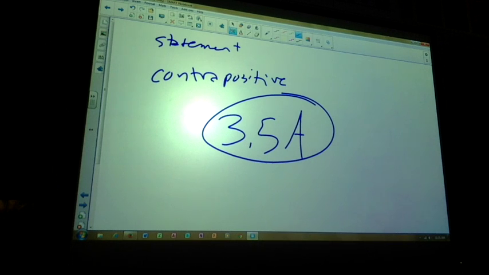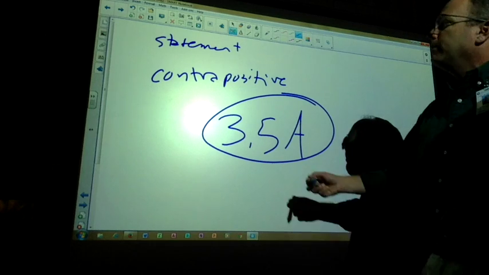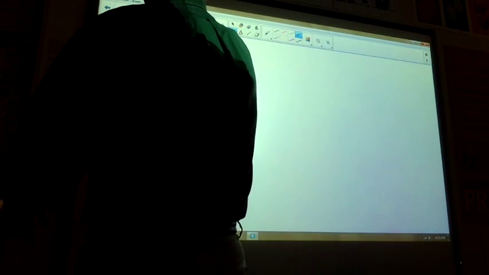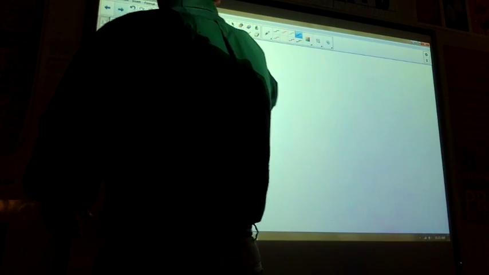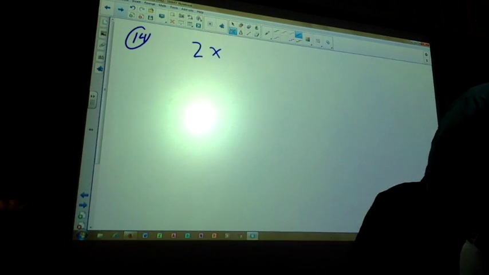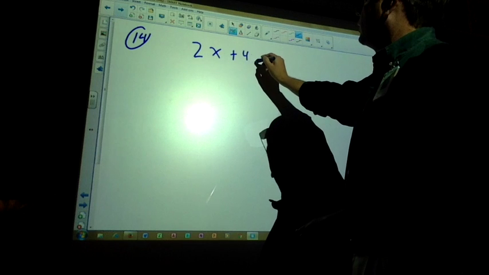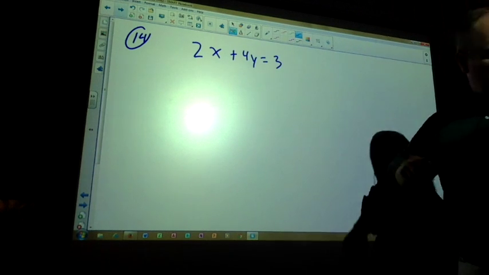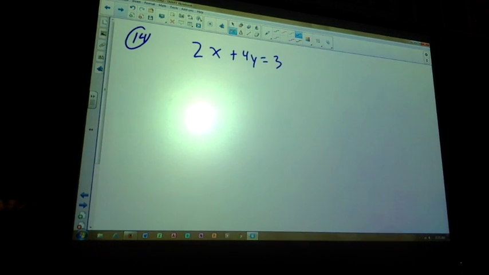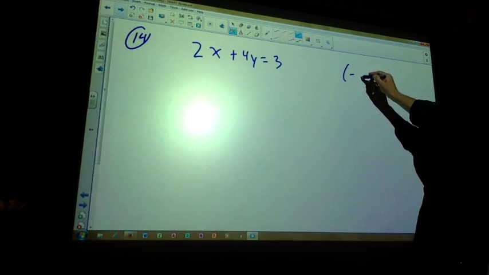Okay, we want to write an equation that is perpendicular to that. This is number 14: 2x plus 4y equals 3, and it goes through the point (-6, 0).